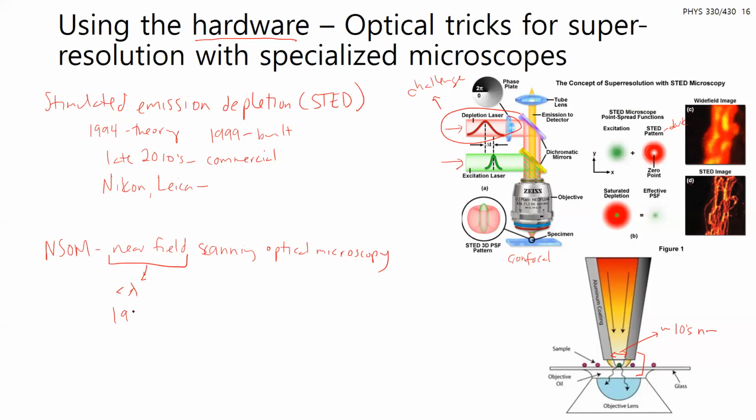This was developed in 1993 by Eric Betzig. And I would say this is not used as common because it takes a lot of time. It's based on scanning. And again, similar to the benefits of confocal versus wide field, both of these techniques use hardware to then work in a scanning geometry here.